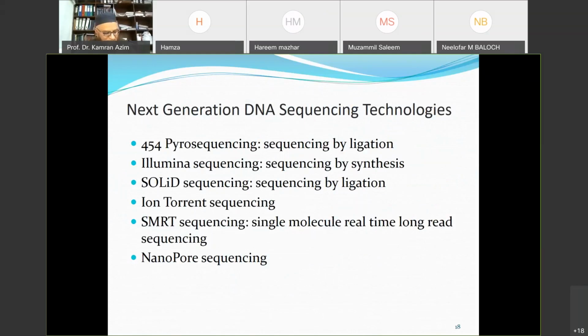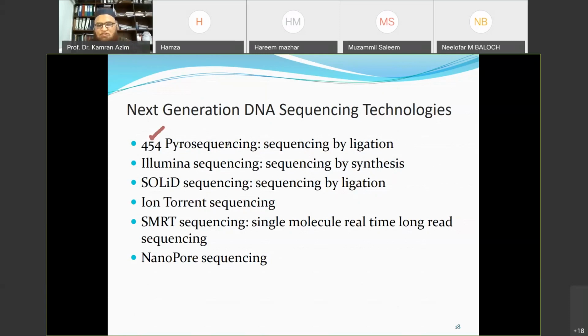There are several DNA sequencing approaches, and those methods are commercialized by different companies. One of the DNA sequencing approaches was called the 454 pyrosequencing method.